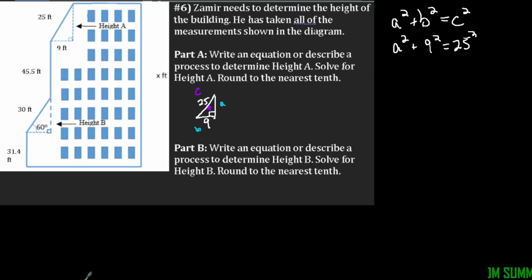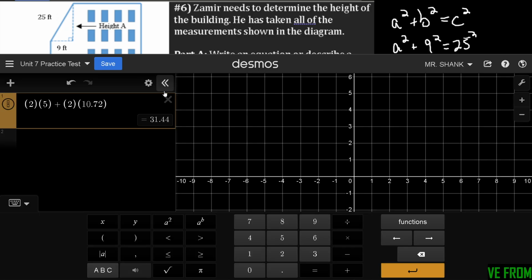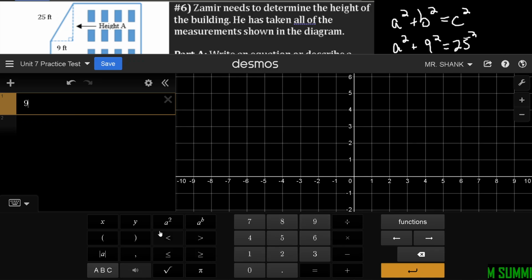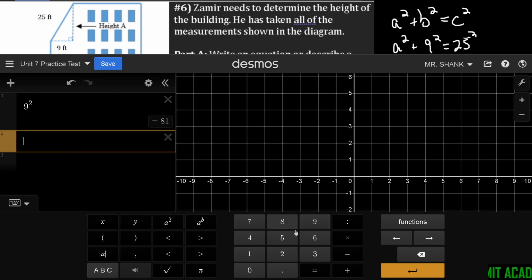So to simplify, I have a squared plus 81, because that's 9 times 9, and 25 times 25 is 625. Let me double check just to be sure. 9 squared is 81, and 25 squared is 625. So I know I'm good on those two. Okay, easy.